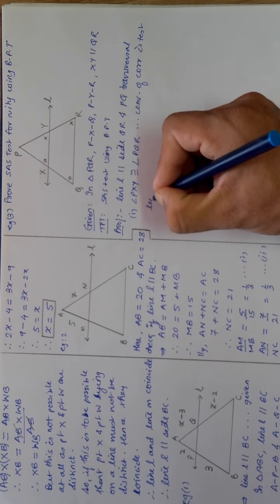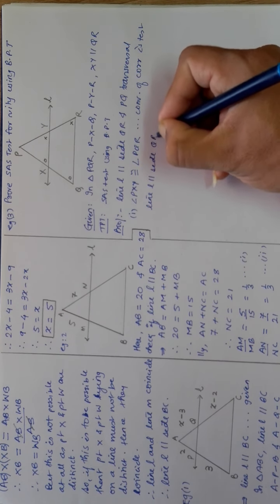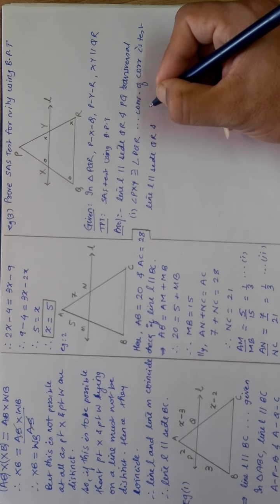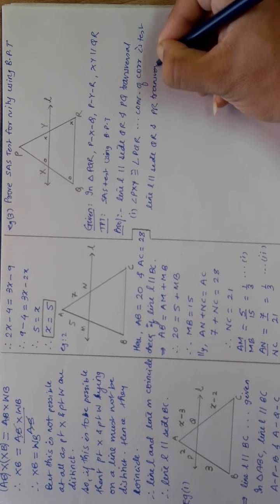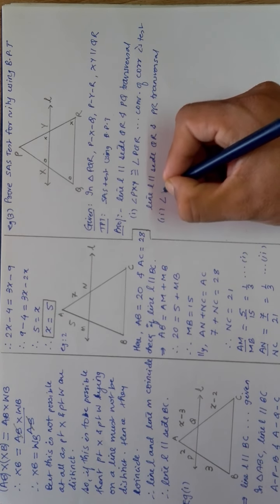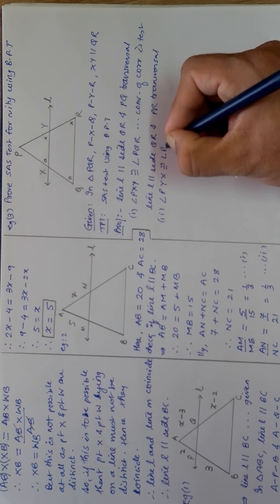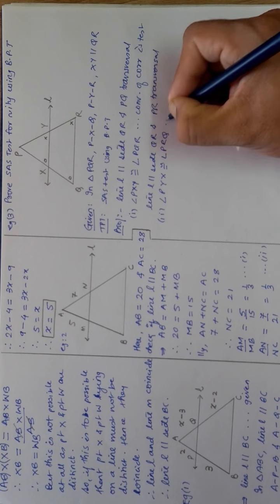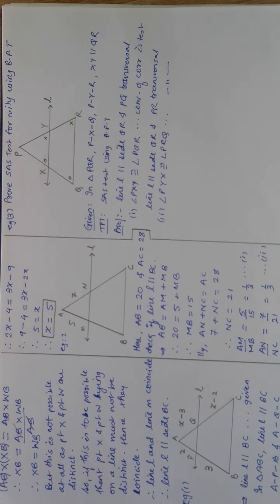Okay, same statement I am writing again. Line L is parallel to side QR and PR is the transversal now. So what you get? You get here angle PYX is congruent to angle PRQ. The same reason which is written upside, that is converse of corresponding angles test.